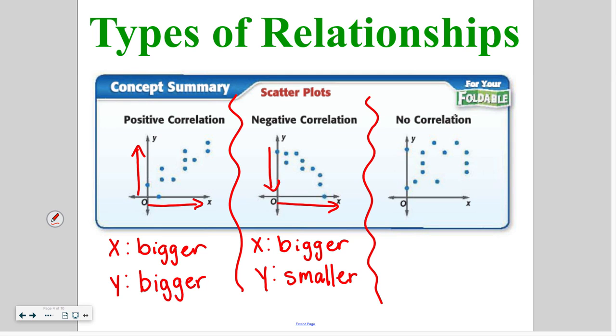The last one is looking at our X values once again getting bigger, moving from left to right on the graph, and our Y values have no particular pattern. Sometimes it seems to go up, sometimes it seems to go down, or there might not be any relationship at all. You might not even be able to find a general trend.